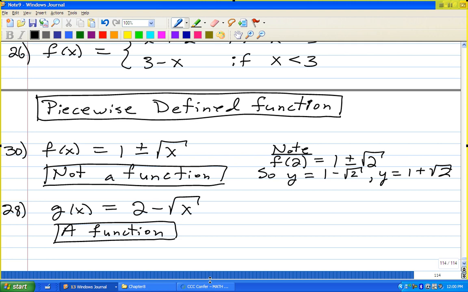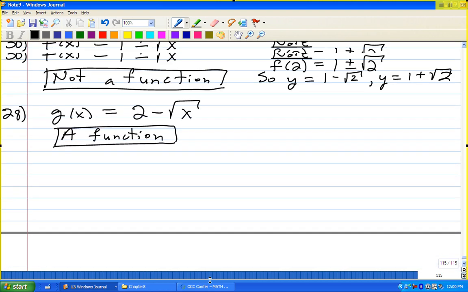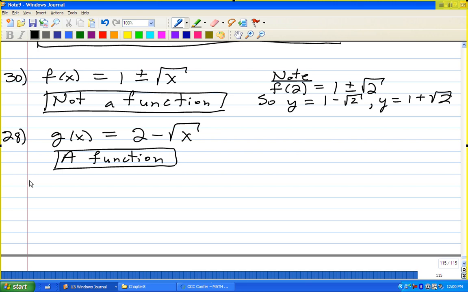Okay. Let me do problem number 32. G of x equals plus or minus absolute value of x plus 2.